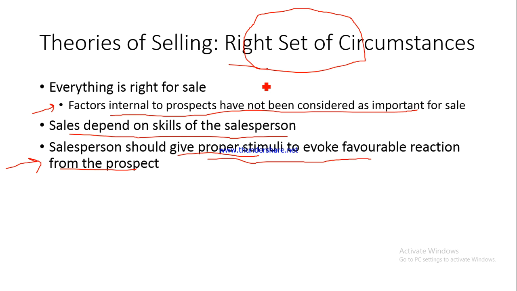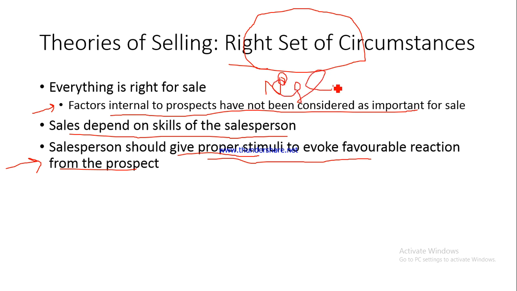So these are the psychological factors involved in the prospect, and these factors can also impact the sales. Because of these factors, the prospect may not place the order, may not buy the product from you. But this particular aspect has been neglected in this theory because the theory says that everything is right, including the prospect.